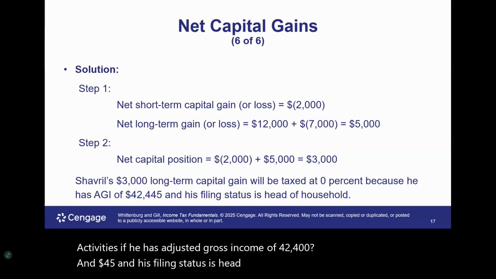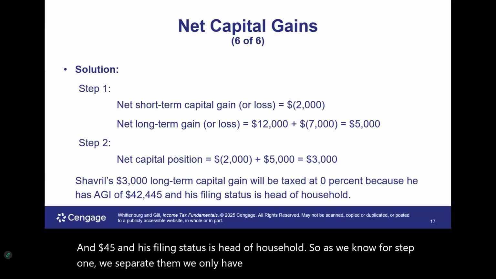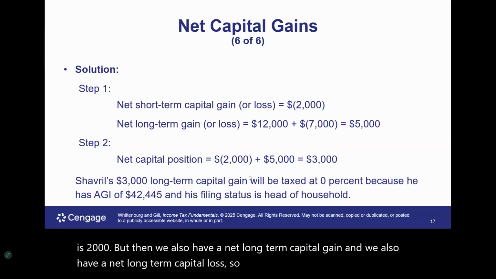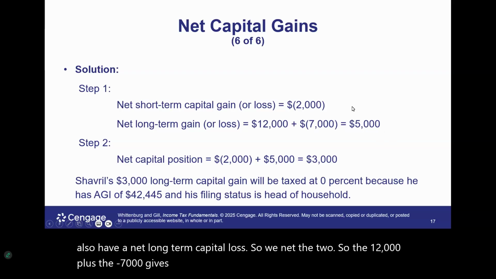So as we know, for step one, we separate them. We only have one net short-term capital loss, which is $2,000, but then we also have a long-term capital gain, and we also have a long-term capital loss. So we net the two. The $12,000 plus the negative $7,000 gives us $5,000 overall. So that's step one. Now step two, we combine the short-term and the long-term.